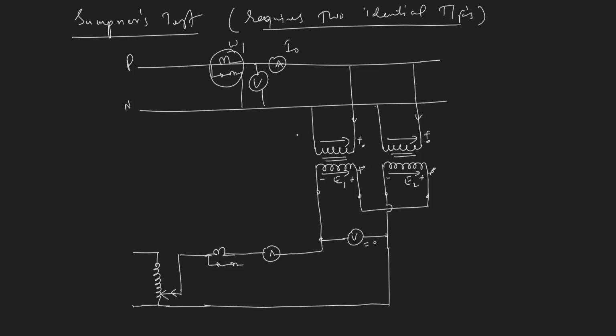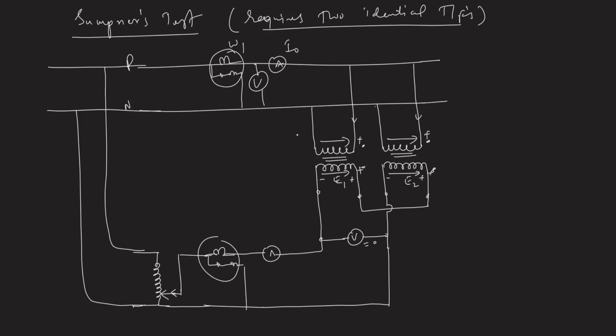Okay, so I can take the same supply. Okay, this is auto transformer, so this is wattmeter W2, this is I2, and this is V2, let me say. Now there is one small thing here, we can place a double pole single throw switch here.